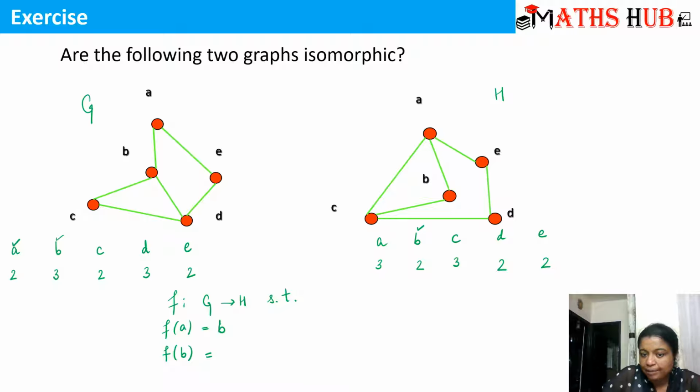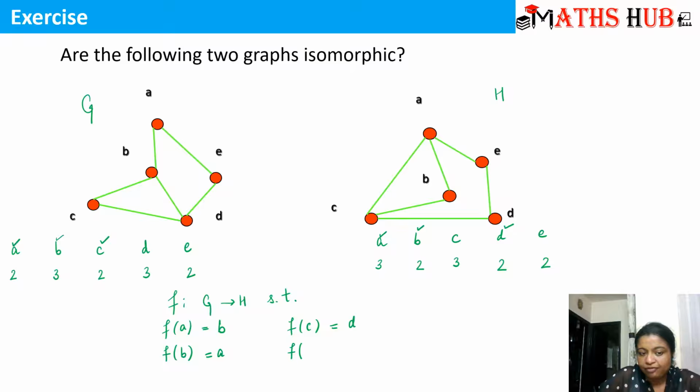So we can map B with A, right? Similarly, C is a vertex with degree 2, so I can check D here. So f of C is equal to D.